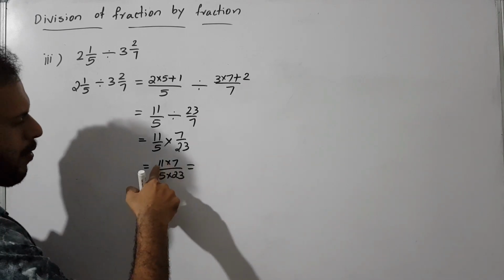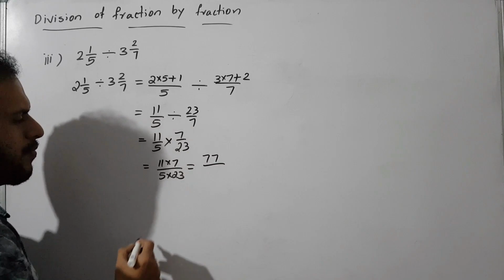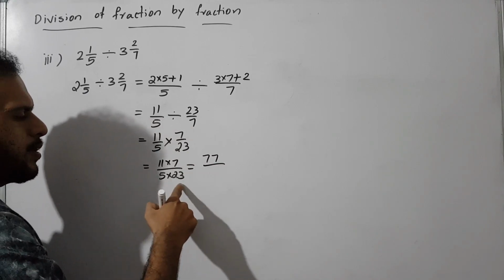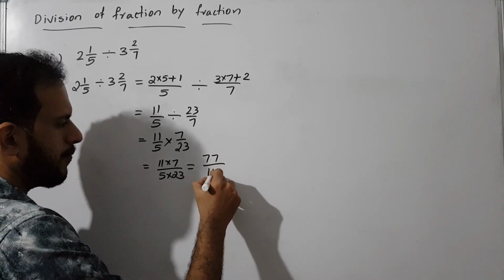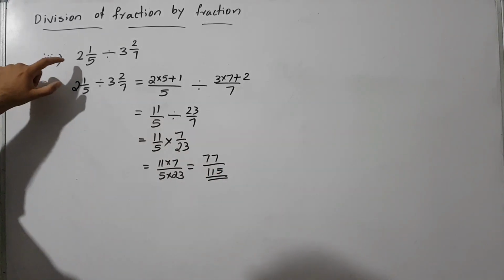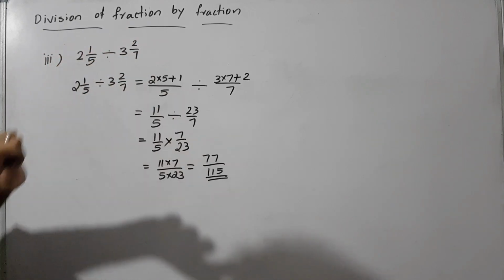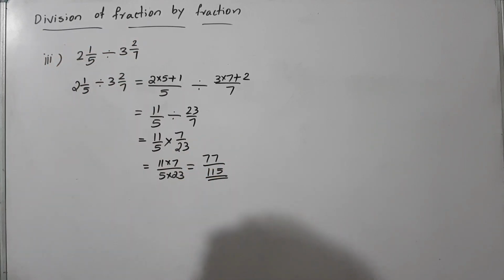What is 11 into 7? 77. Then 5 into 23 is 115. So what is the answer of 2 1/5 divided by 3 2/7? That one is 77/115.